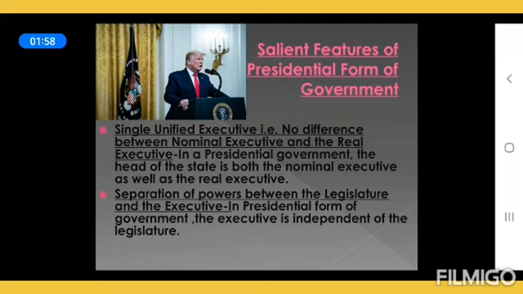Unlike in the parliamentary form of government, where we find a close relationship between the legislature and executive, in the presidential form of government there is a separation of power. That means they are independent of each other. I hope it's very clear.